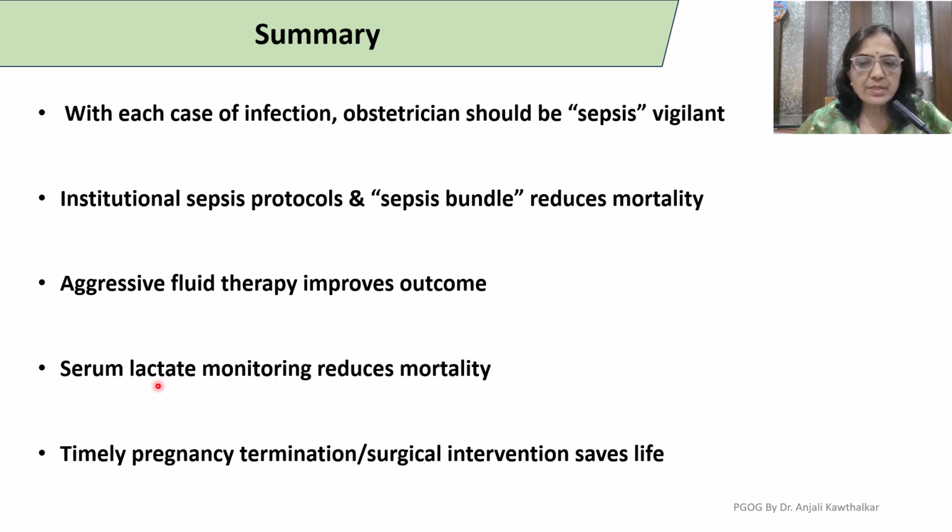Every 4 to 6 hours it should be monitored. Timely pregnancy termination or surgical intervention saves the life and improves the prognosis in the case of maternal sepsis. And what is most important is having a multidisciplinary approach.